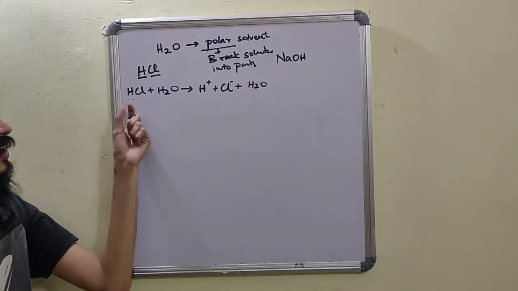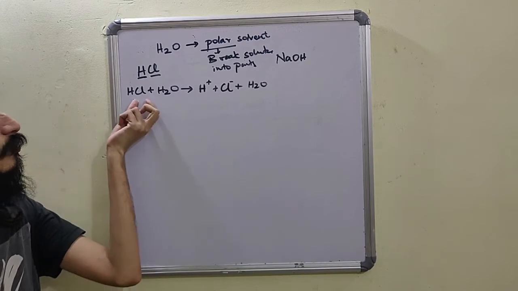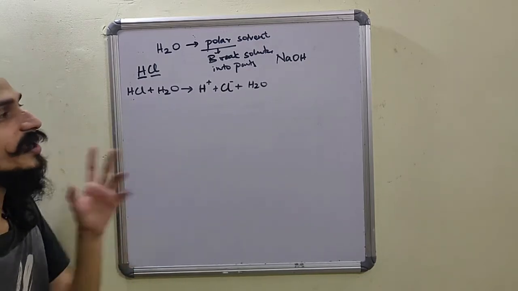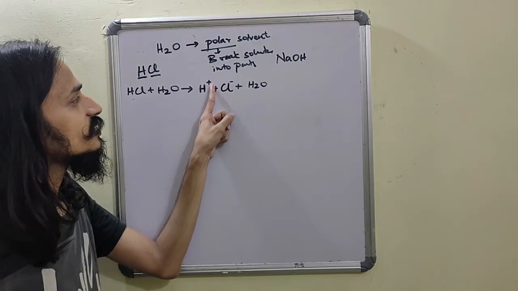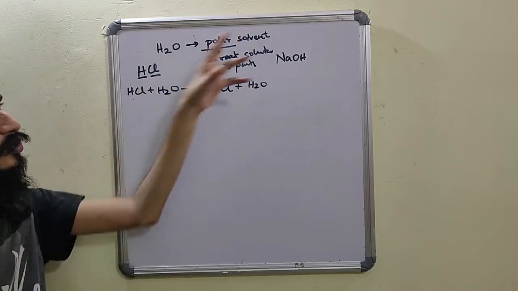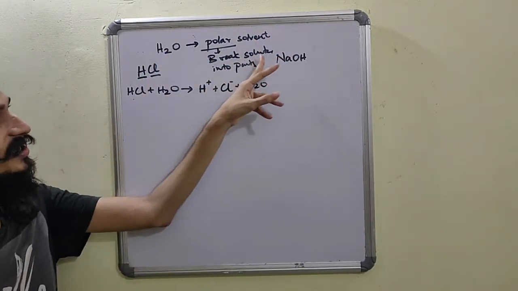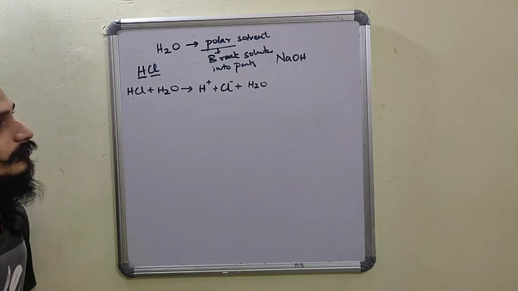So hydrochloric acid is broken into hydrogen ion and chlorine ion, both of the constituent atoms. I call it ion because it has a charge. Okay, this charge is what makes it polar. So you understood what polar solvent means, right? It dissolves anything that is polar and splits them apart.